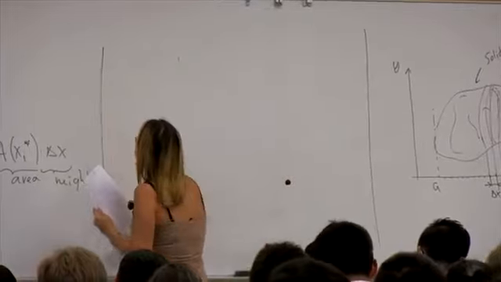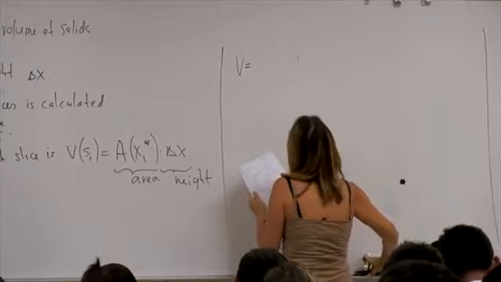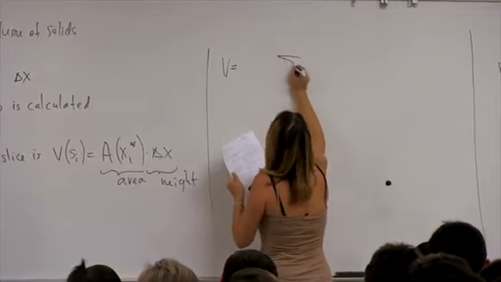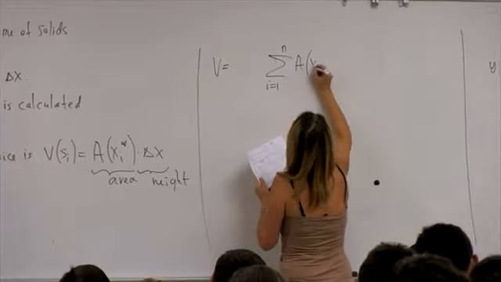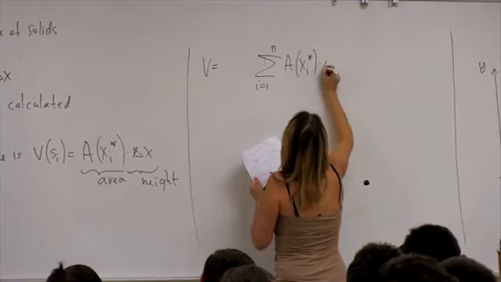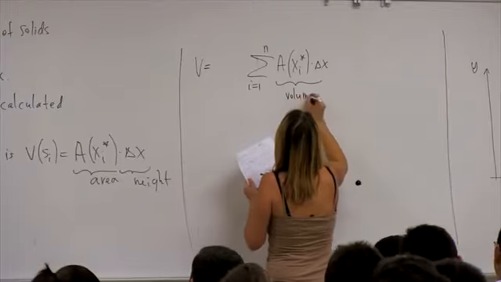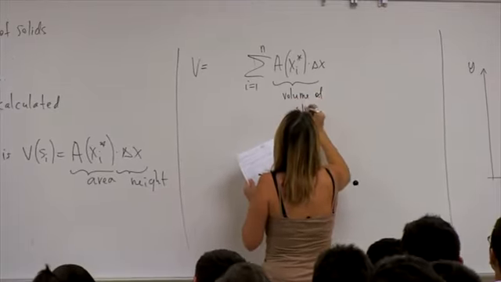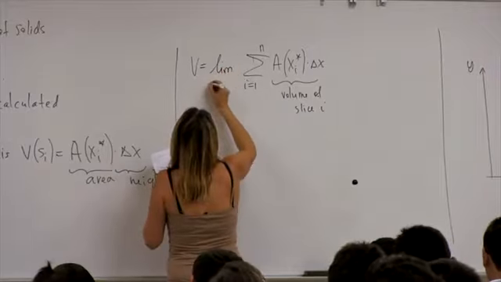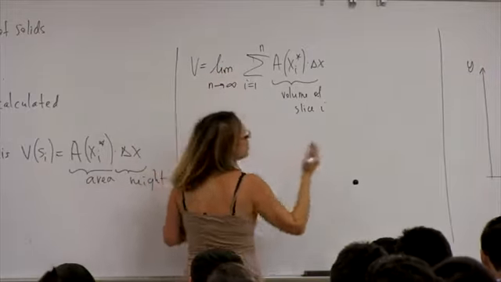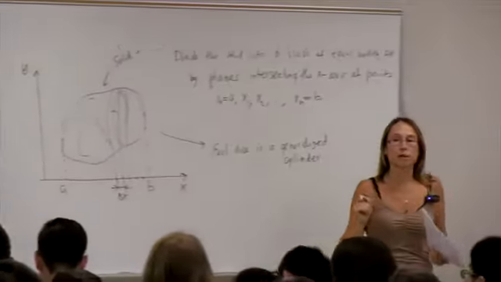And now I can approximate the volume, which is the sum from 1 to n of the area of each slice times its height, the volume of slice i. And I take the limit as n goes to infinity to make these slices infinitely thin and to make my approximation better and better.